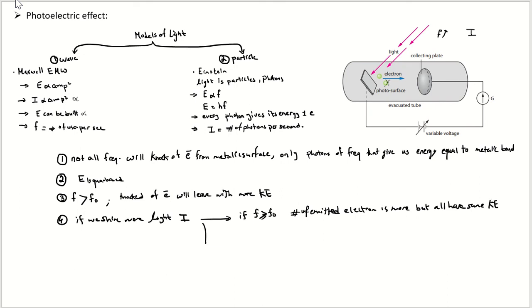On the other hand, if the frequency of the photon is less than f naught, then no electron is emitted.